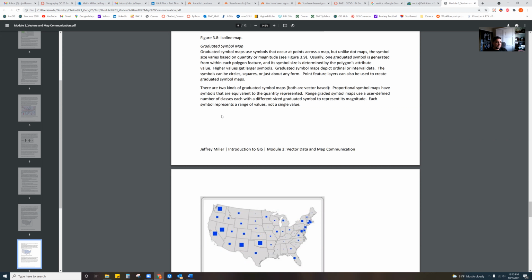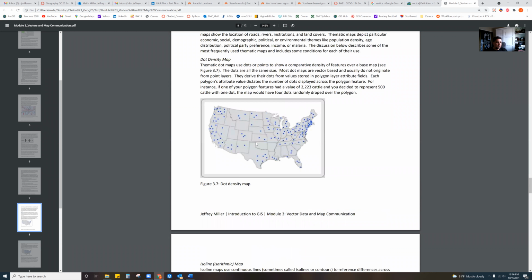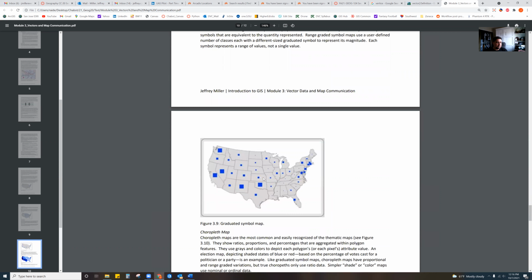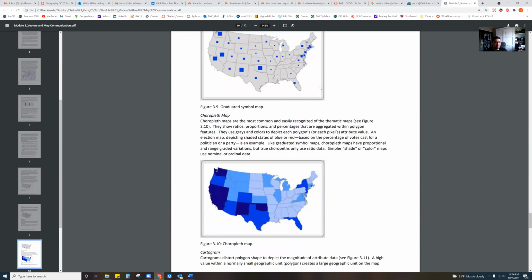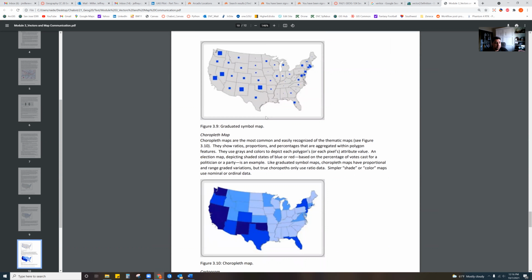Okay, so that's a graduated symbol map. Between this one and the dot density map, because there's some confusion there, I would say this is a much more common map type to find. Personally, I think it communicates things better, but it depends on the purpose.